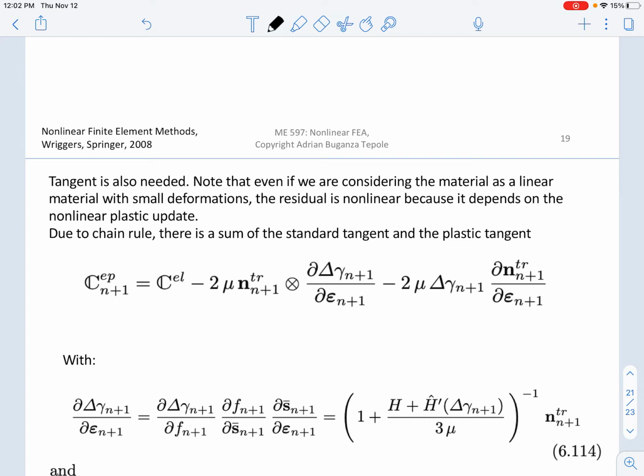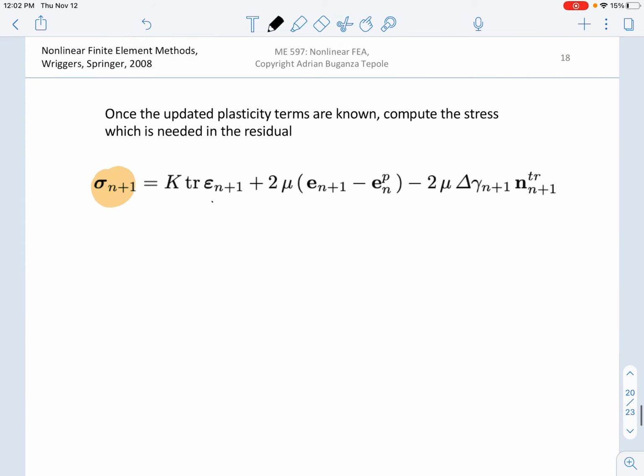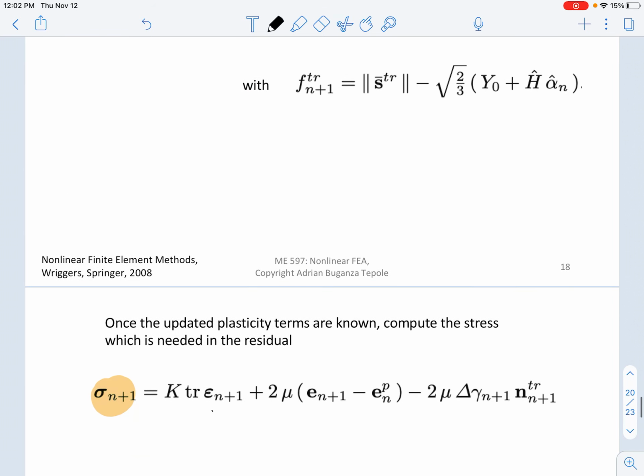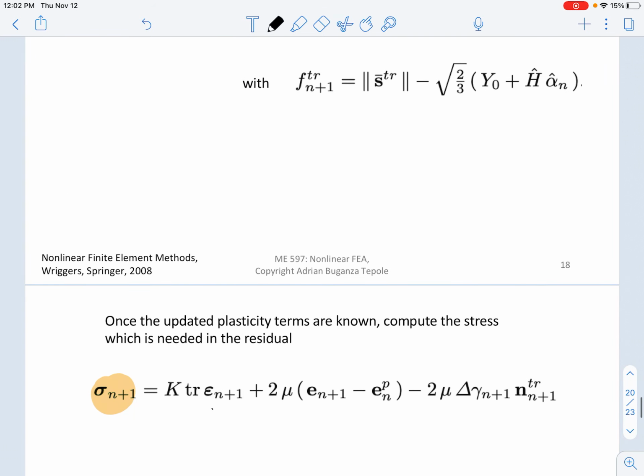plasticity terms. So in this case, the stress depends on the plastic strain, right? So if you remember the stress, it's right here. Here, you can see that the stress depends on the total strains. So this is the elastic part. So these are the total elastic strains, and these are the previous elastic strains.